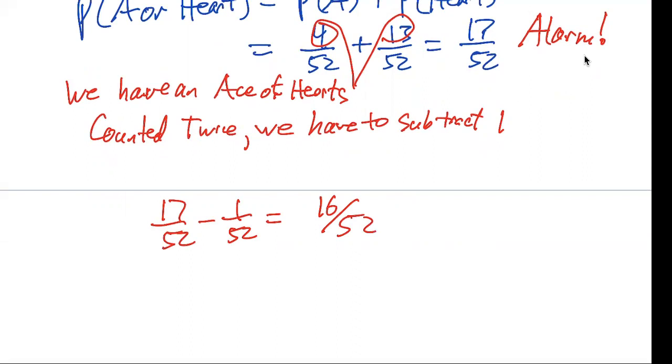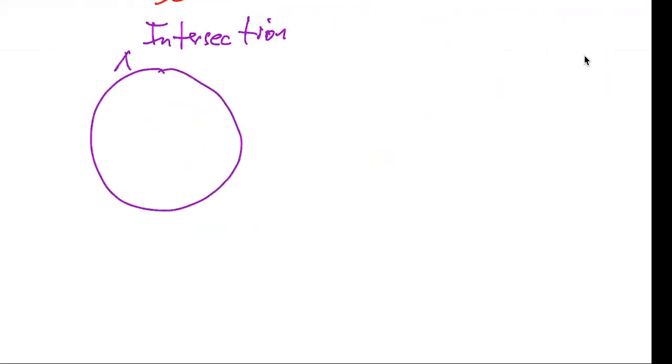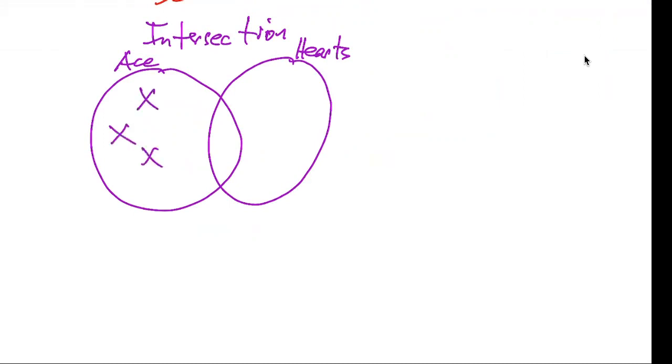I'm going to use a big word here in set theory. I'm going to use the intersection. Because what happened here with the aces, there's our set aces. Here's our set hearts. If we just count the 4 aces, we have one here, and one here. If we look at the ace of hearts, it lives in the intersection. It's where it overlaps.